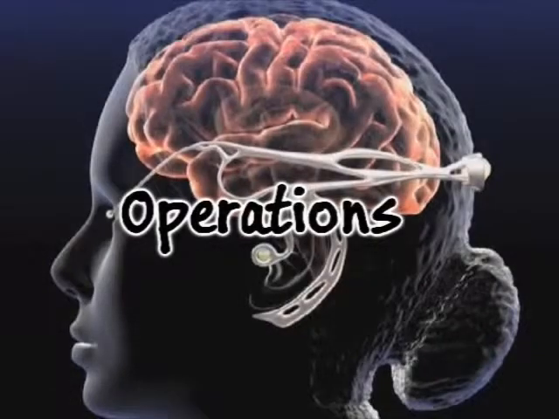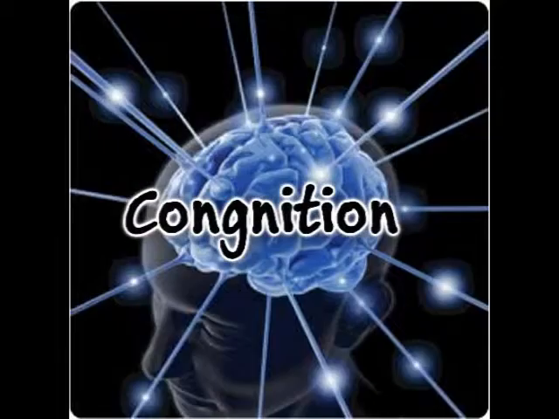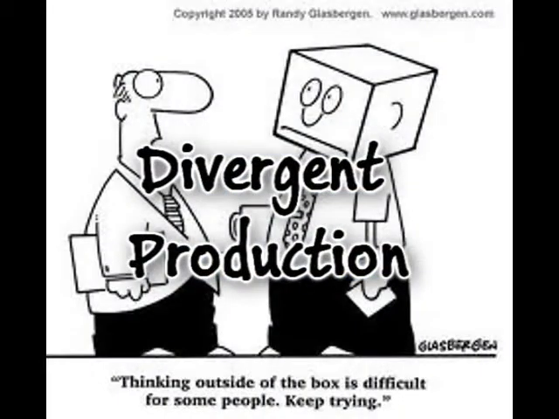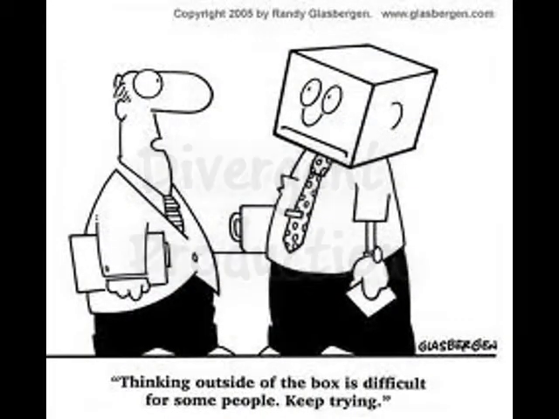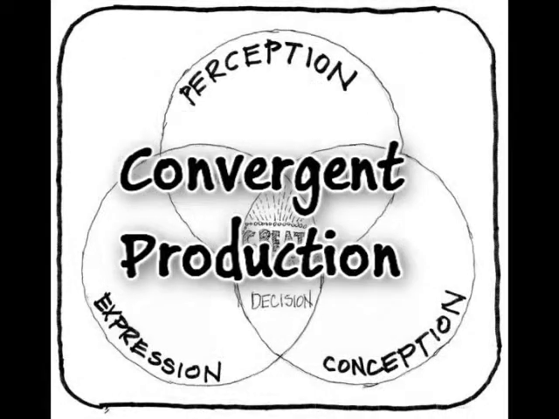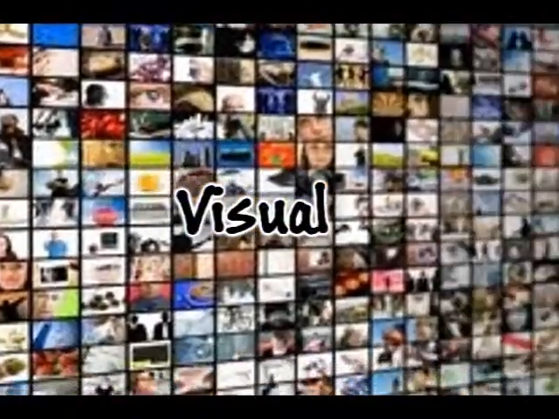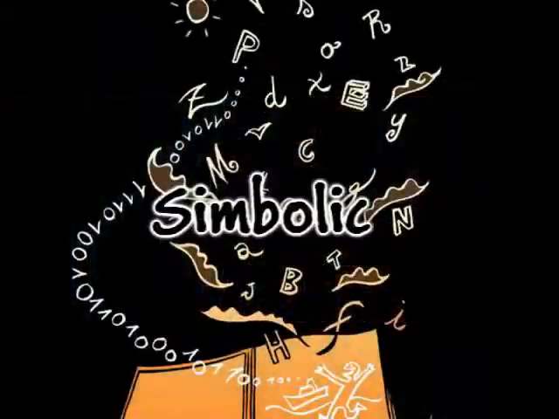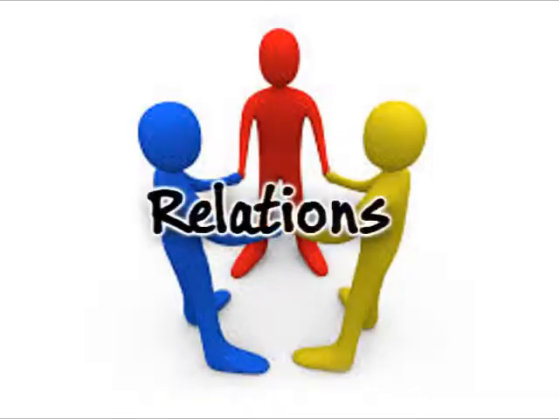Operation has five kinds of operation, which are cognition, memory, divergent production, convergent production, evaluation. There are five kinds of contents that are visual, auditory, symbolic, semantic, behavioral. There are six kinds of products: units, classes, relations, systems, transformation, and implication.